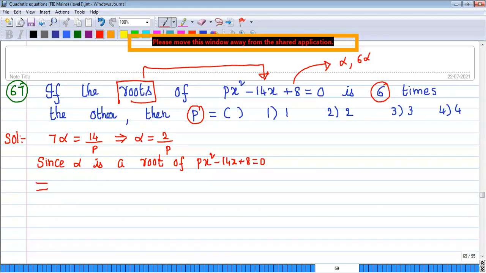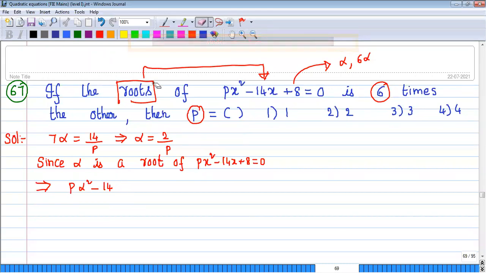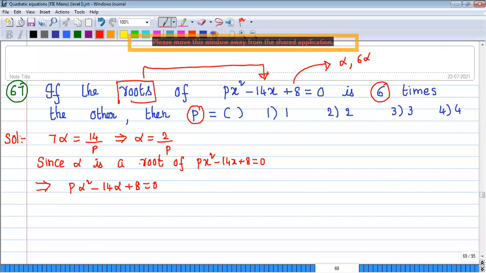So we get p alpha square minus 14 alpha plus 8 is equal to 0. Now in the place of alpha, substitute 2 by p. So p into 4 upon p square minus 14 times 2 upon p plus 8 equals to 0.